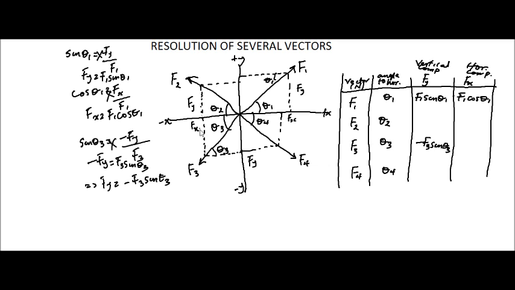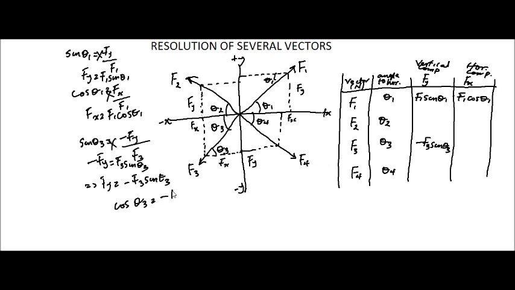Now we can come back to this other side, or we can use this F subscript x. So this is adjacent over hypotenuse. So we can say cos theta 3 is equal to the adjacent. But this particular line is the same thing as this line, and so the component of F3 here is negative.